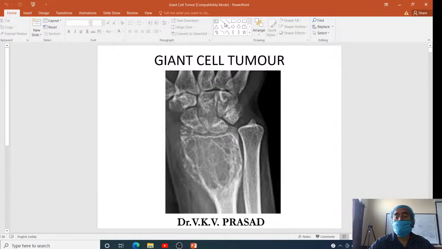It can be asked as a theory question, or if the case is there, definitely they can be kept as short case or slides or whatever. Even in discussion, this comes out quite often. So you should be knowing about giant cell tumor.